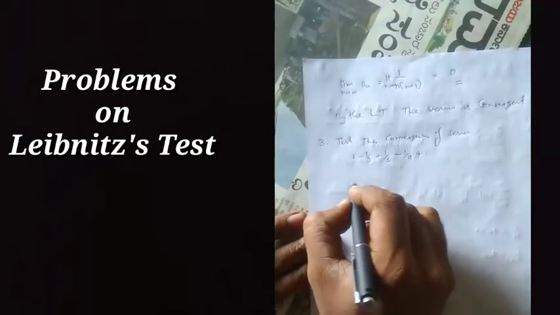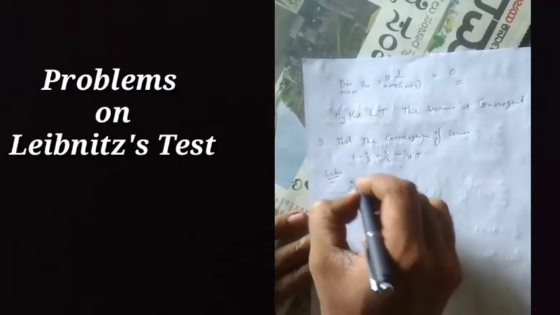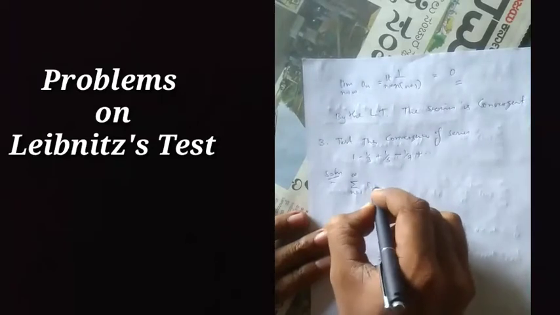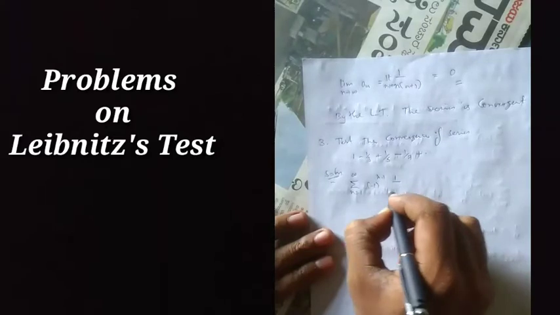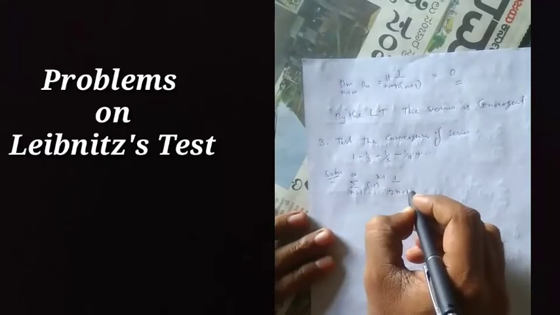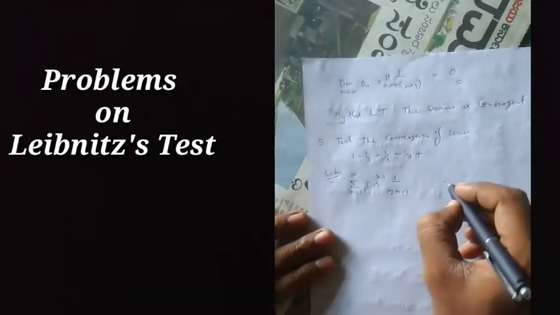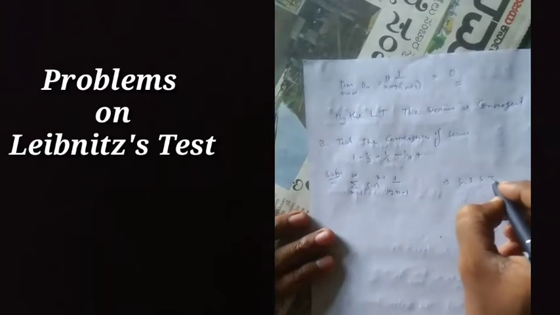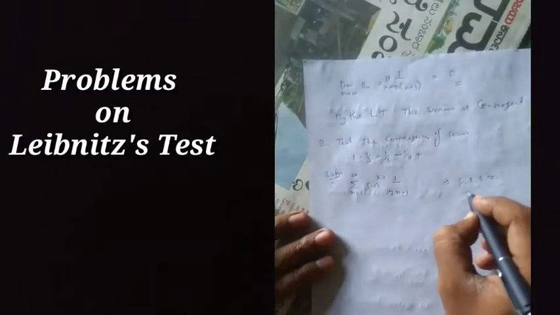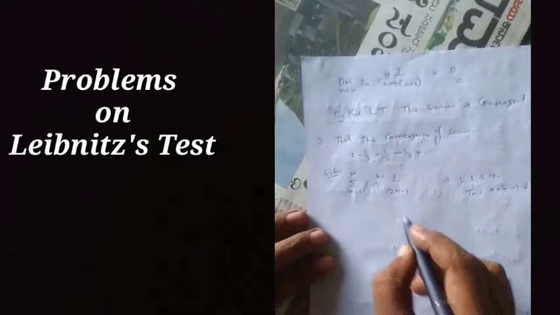This series can be written as summation n from 1 to infinity of minus 1 to the power of n minus 1 divided by 2n minus 1. If you want, you can get this from 1, 3, 5, 7. This is the formula to find the nth term, a plus n minus 1 into d. By using this, you can get 2n minus 1.